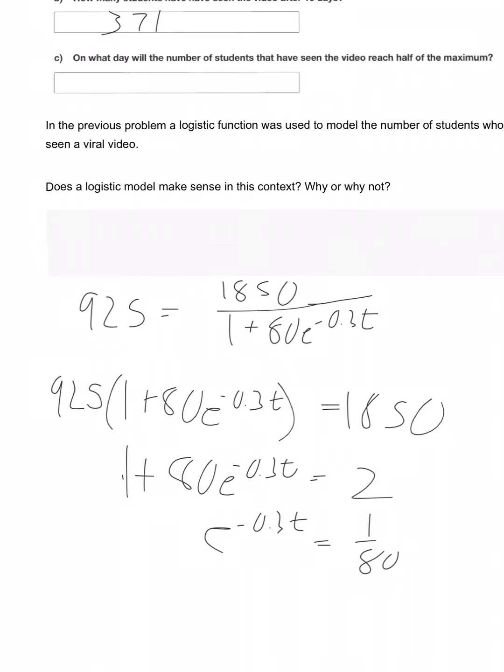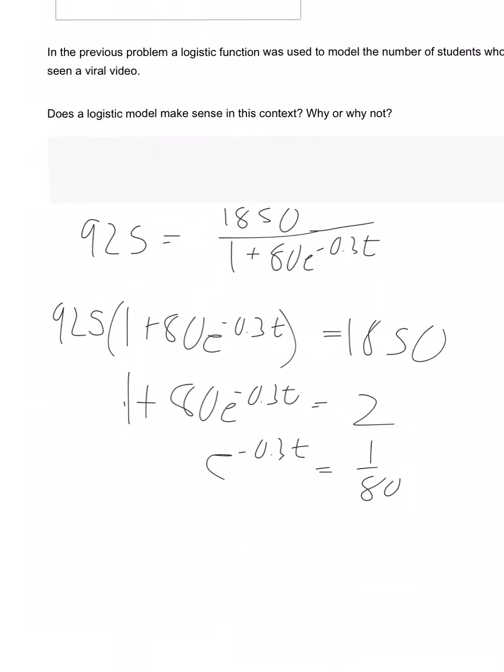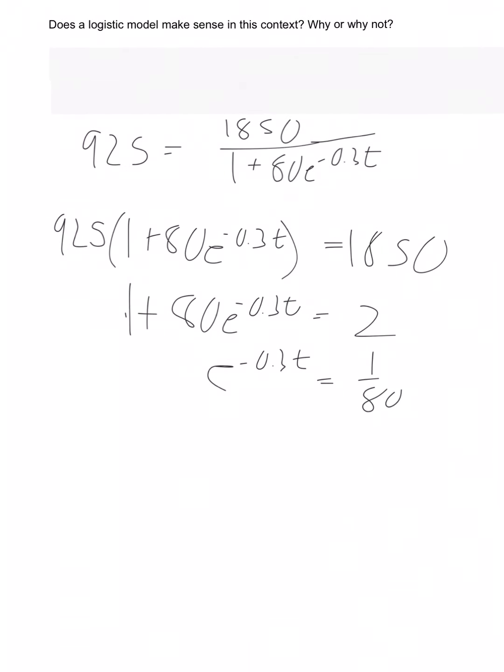Because now my variable is inside this exponent, I now need to use a logarithm. Yes, the variable was inside the exponent the entire time, but I had to get rid of everything outside of that exponential function first. I had to get it out of the denominator, get rid of this 925, get rid of the 1, get rid of the 80. Now it's just an exponential function, so now I can finally use logarithms to actually solve this.